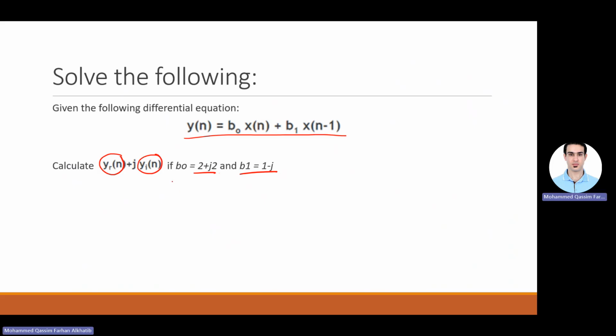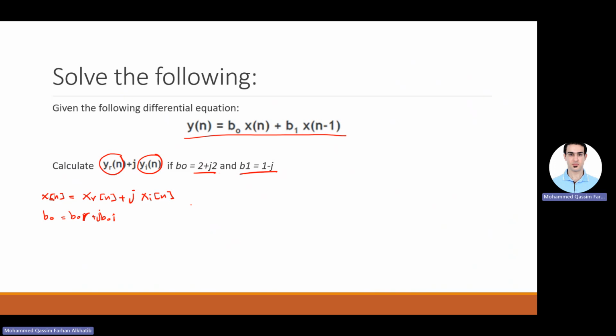Now the first step is to do the following. Represent x of n. Since we are dealing with discrete, I'll keep it like this: X real of n plus j x imaginary of n. That's the first part. The other part, I want to represent B0 by B0 real plus j B0 imaginary.